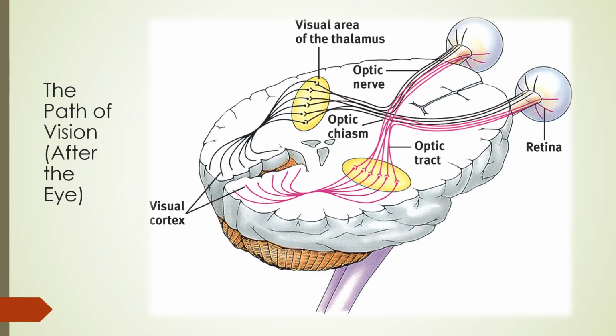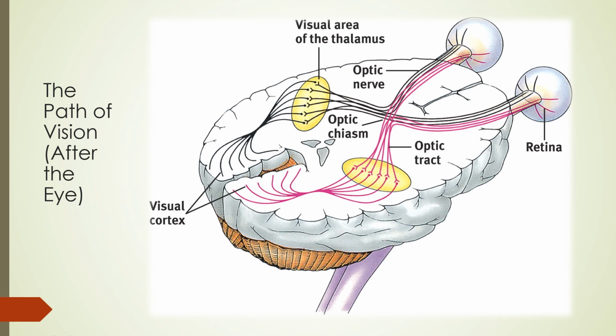After that information does get to what we call the optic nerve, that information travels down and meets this juncture that we call the optic chiasm. It's the area where the information from our left and right eye meets and gets filtered in a sort of peculiar way.